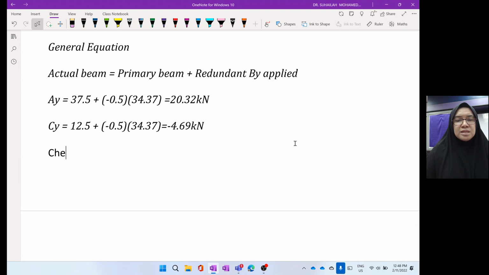Checking. Ini semua option ya. Kita nak just check whether the calculation that we did is all the right answer. Okay, checking ni use equilibrium equation.